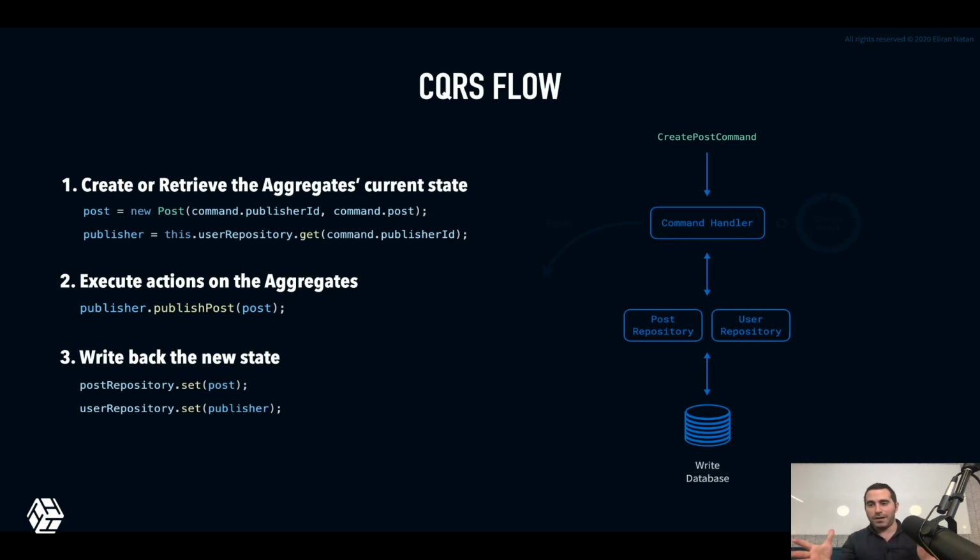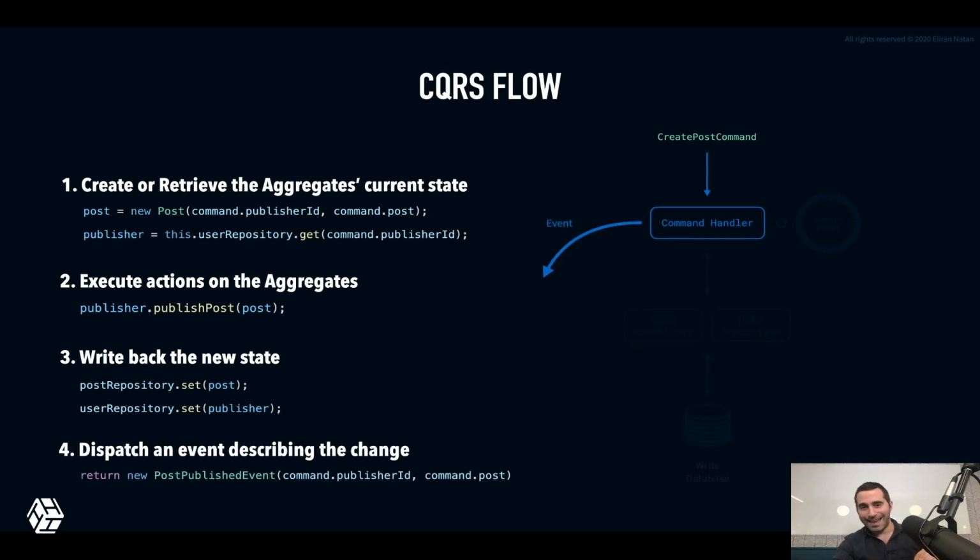So now that we change the state of the application, it won't be so meaningful if we don't propagate this change to the rest of the system, to the read model, because we want our users to be aware of the change that we just did. So everything that we are going to do from now on relates to the read model.